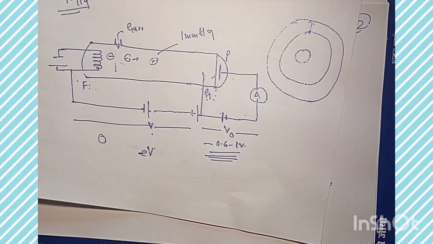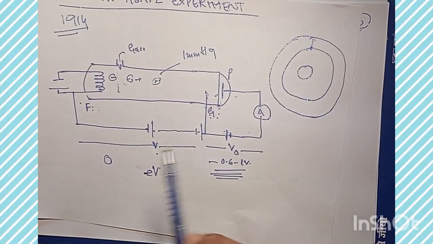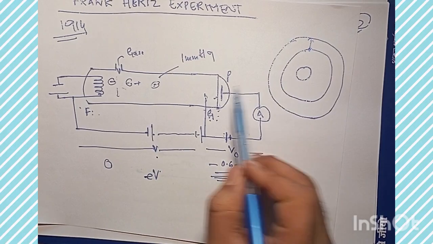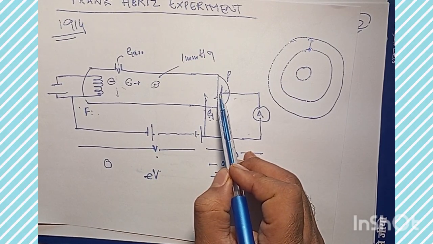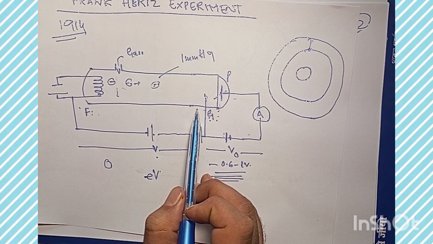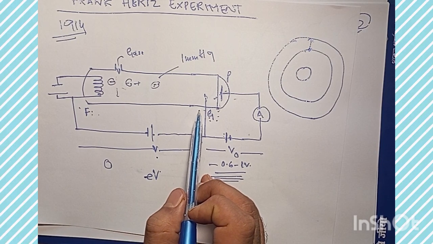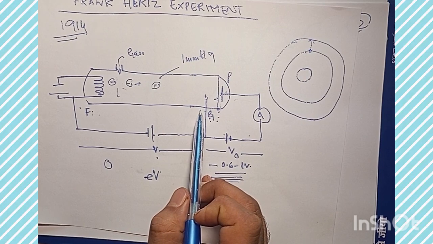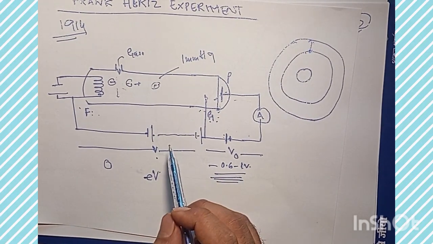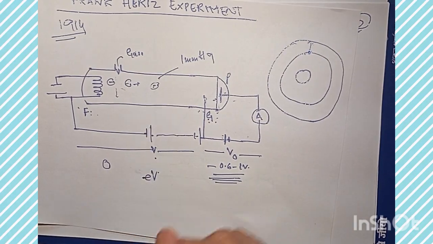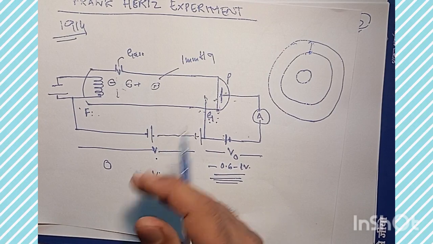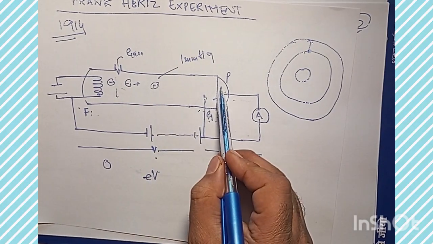The electrons which lose their energy and are unable to reach P against the retarding potential, those electrons which lose their energies, the current drops. They lose their energies because they are unable to reach this P.